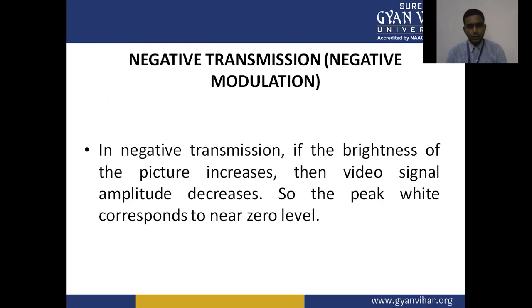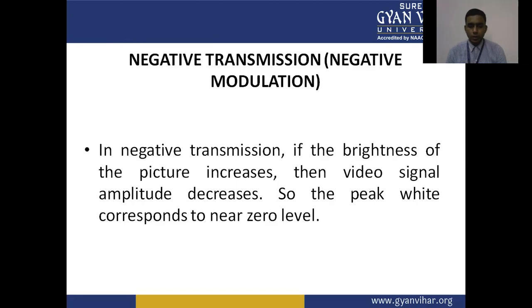In negative transmission modulation, if the brightness of the picture increases, then the video signal amplitude decreases. So in negative transmission, the brightness of the picture is inversely proportional to the amplitude of the video signal.